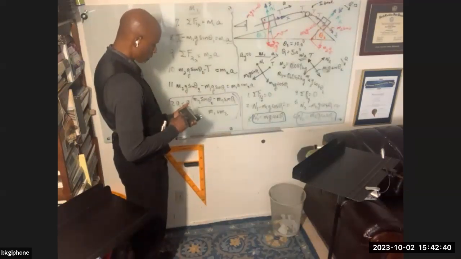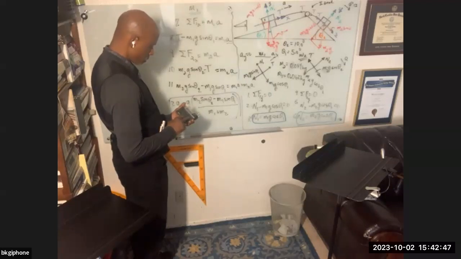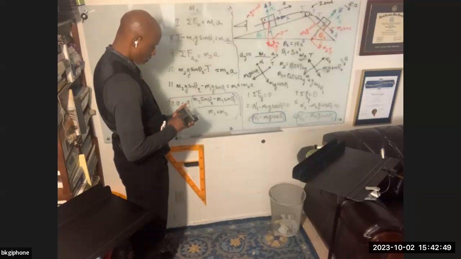So 5, and M1 is 0.062, minus plus, and then 0.064, 0.062 plus, divided by 9.81.